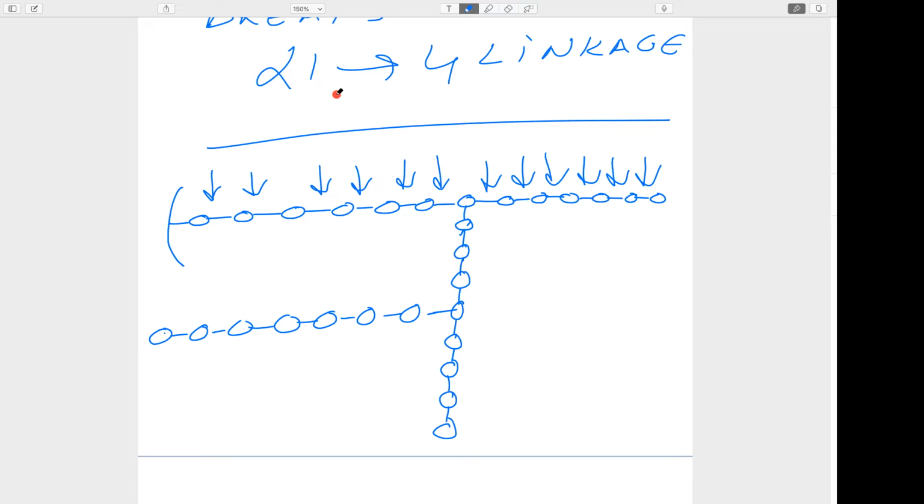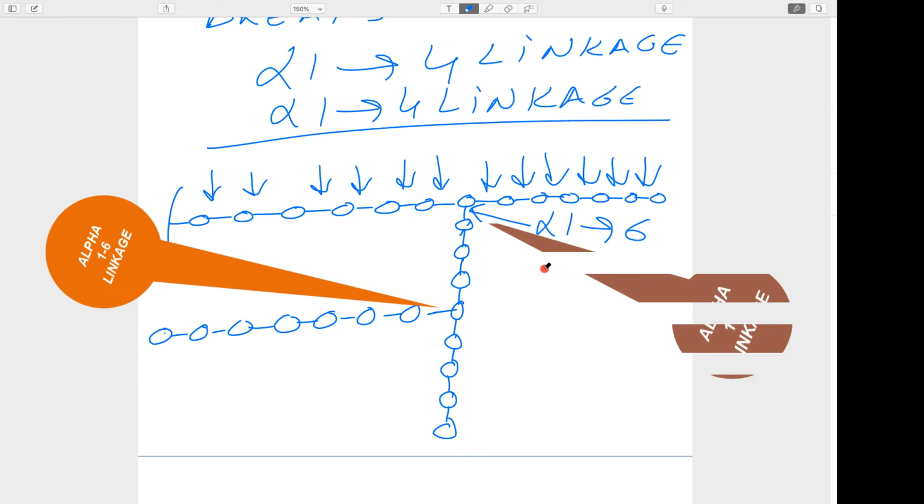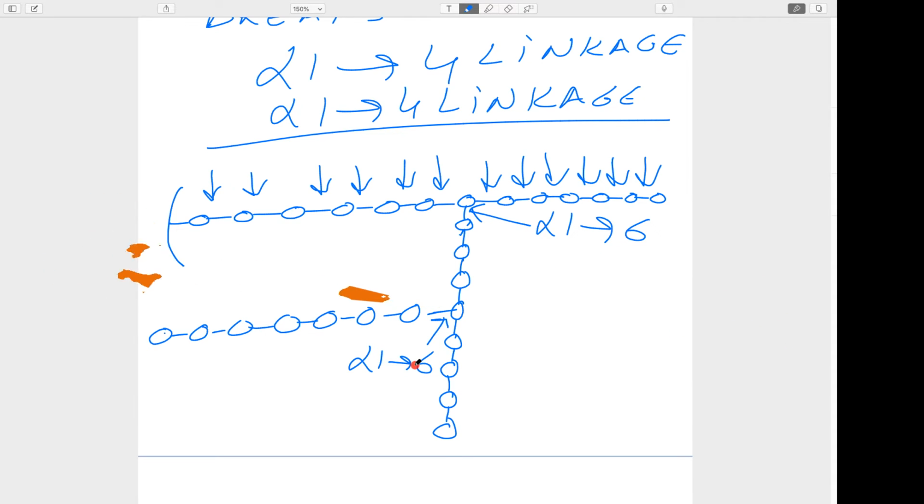These can all be called alpha 1,4 linkages. Here, this one is the alpha 1,6 linkage. Here also, this one is an alpha 1,6 linkage. So, alpha 1,4 linkages and alpha 1,6 linkages.